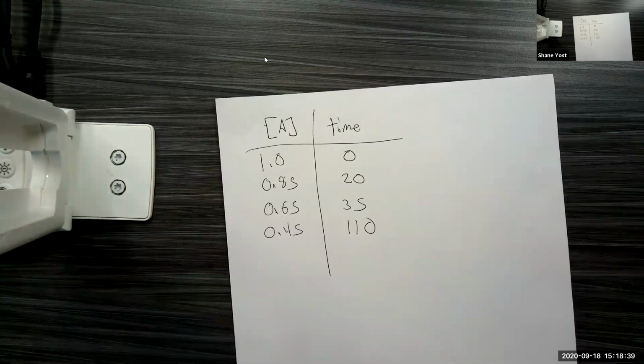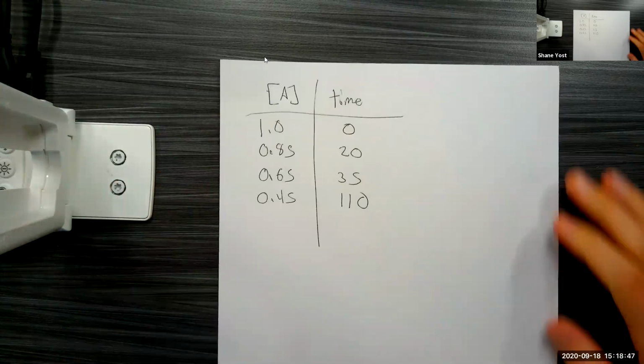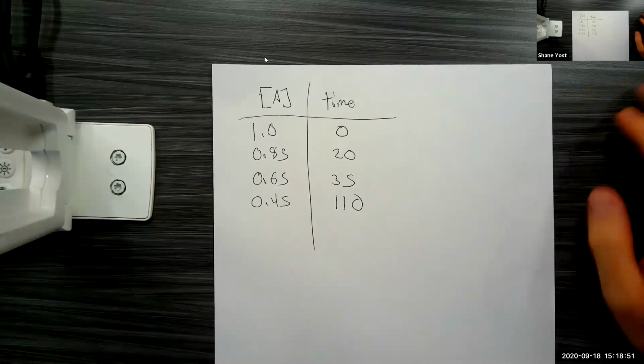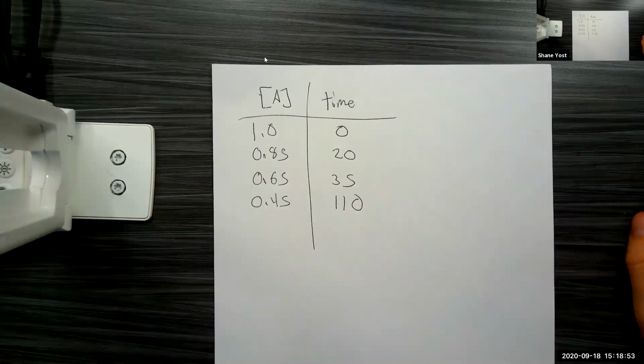Now, how I've written this data, the average over all of the data is, I have no idea. But really, I think the top of the slide says the average rate of the reaction, and in the question it should hopefully say something like, what is the average rate between each time step.